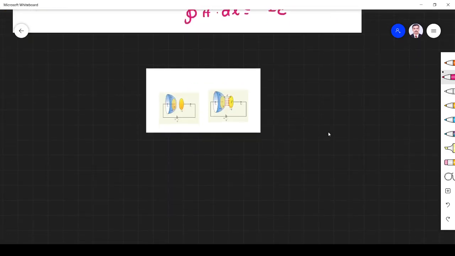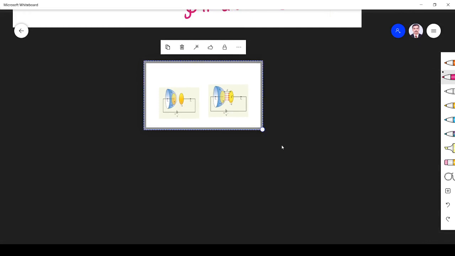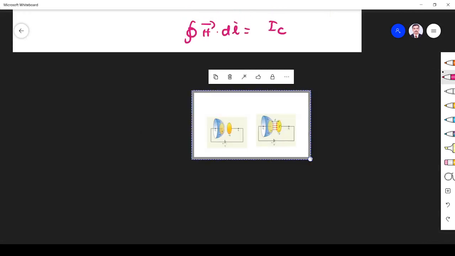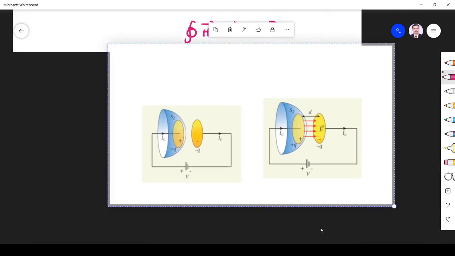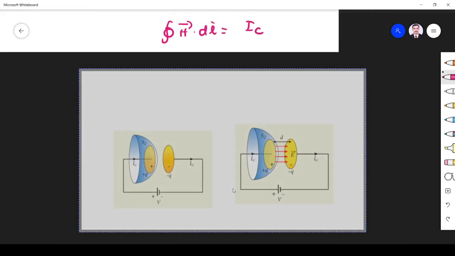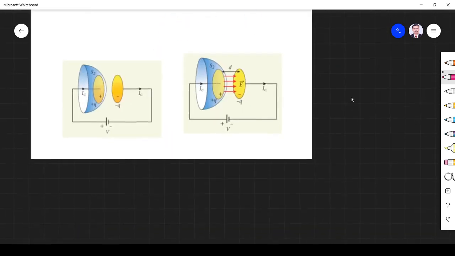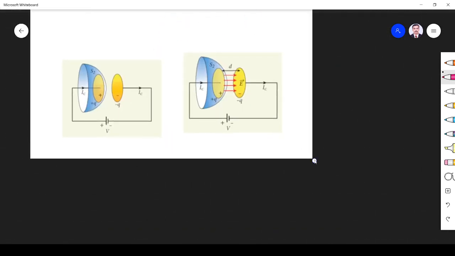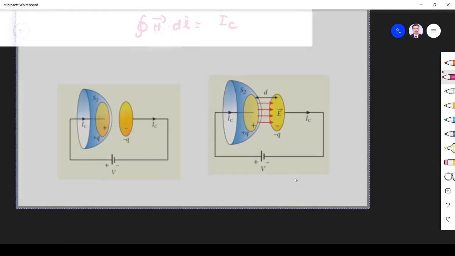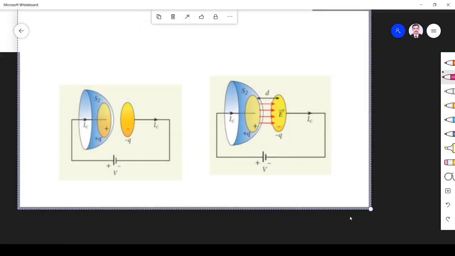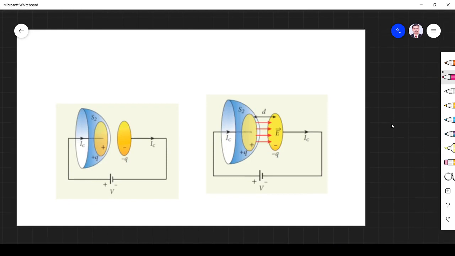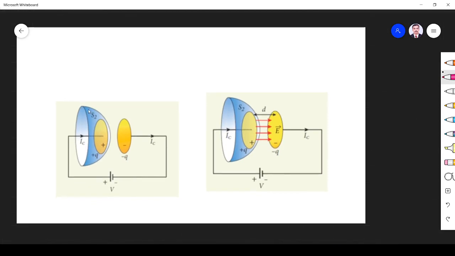Suppose I choose a surface like this instead of the earlier one. For the same point, instead of the earlier surface I have chosen this full surface.